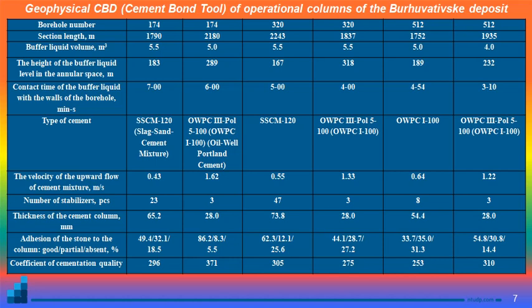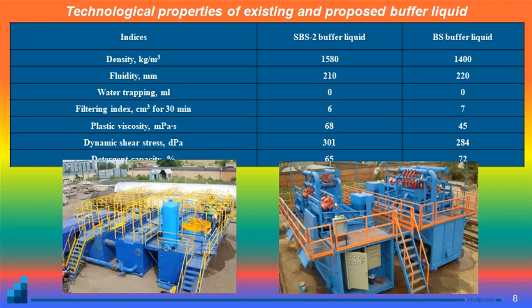However, as is known, such buffer systems are not capable of providing high-quality separation of process liquids. As a result, the cement stone formed in such conditions is not able to ensure the proper quality of delineation of horizons and create the necessary operational level of reliability of the borehole fixing as an engineering structure.